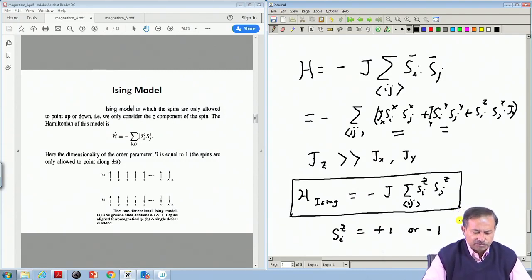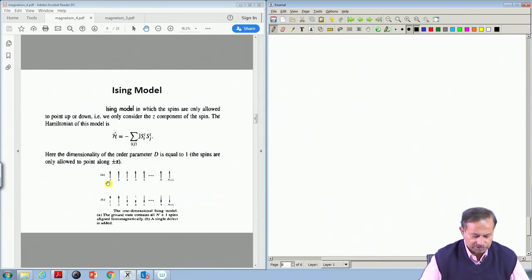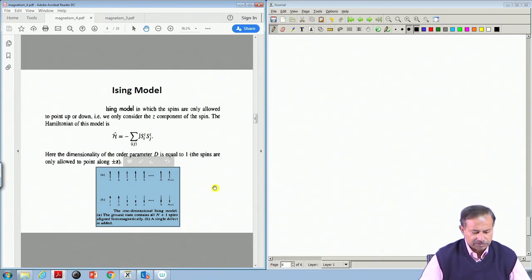Before I go to the discussion of that solution, let me just outline the one dimensional Ising model pictorially, which is done here.